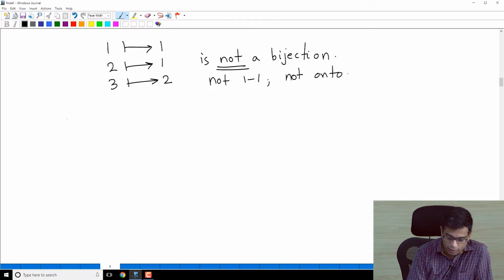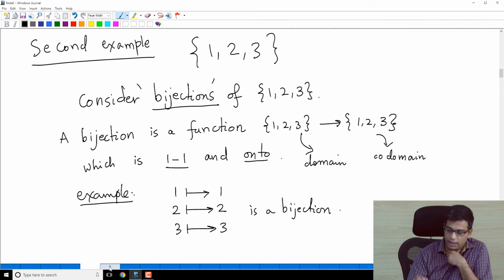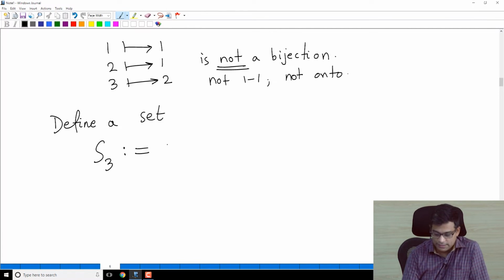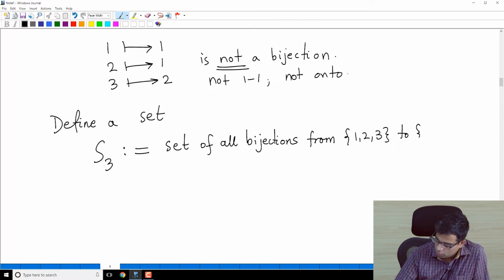Now, I am going to define a different set, which I will denote by S sub 3. The 3 refers to the fact that I have 3 elements in my starting set. S3 is the set of all bijections from {1,2,3} to {1,2,3}.